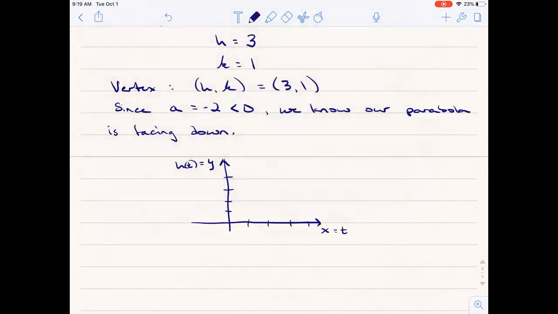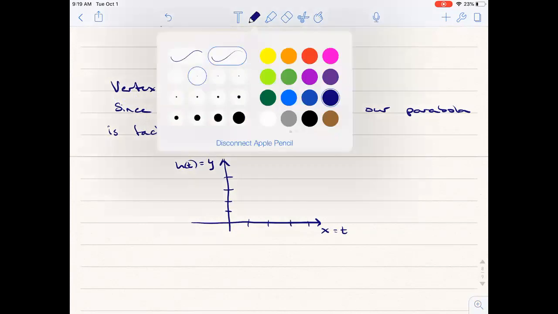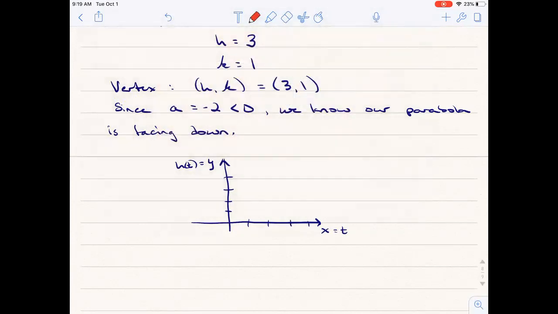I'm sure your graphs are beautiful. Mine are not. That's what we know so far, and we also know it's going to look kind of like this.